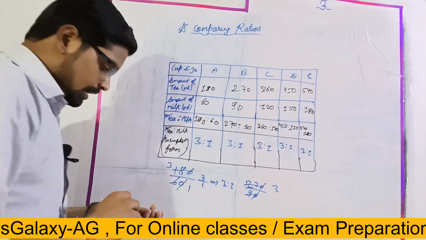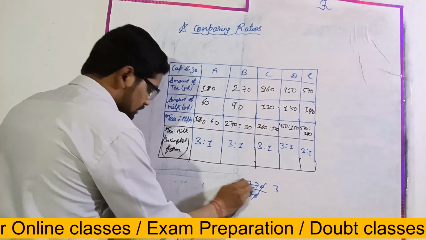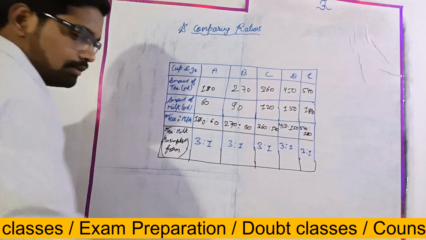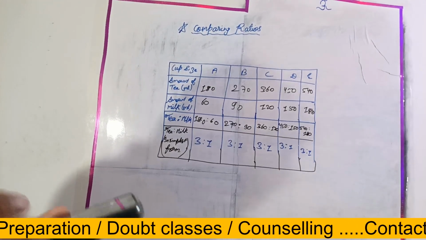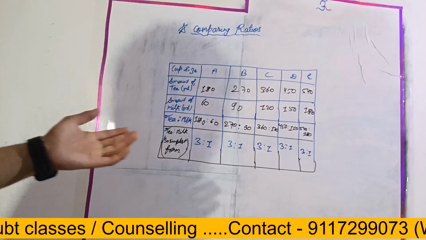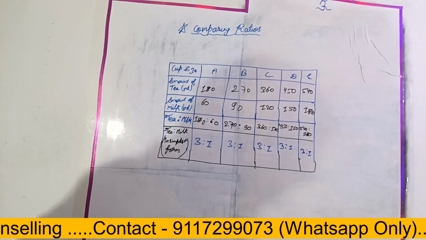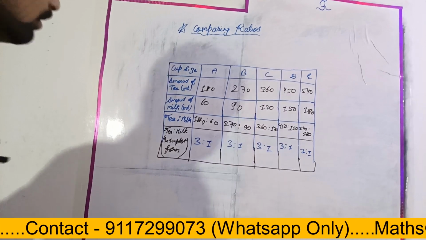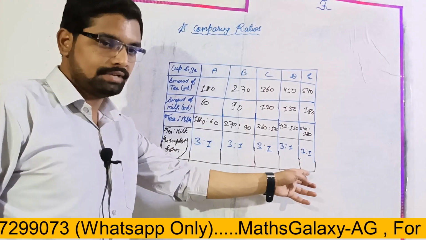Here in each case you can see the ratio is 3:1. So what can you say about the ratio here? They're all the same. We can say that the quantity in the ratio is the same.